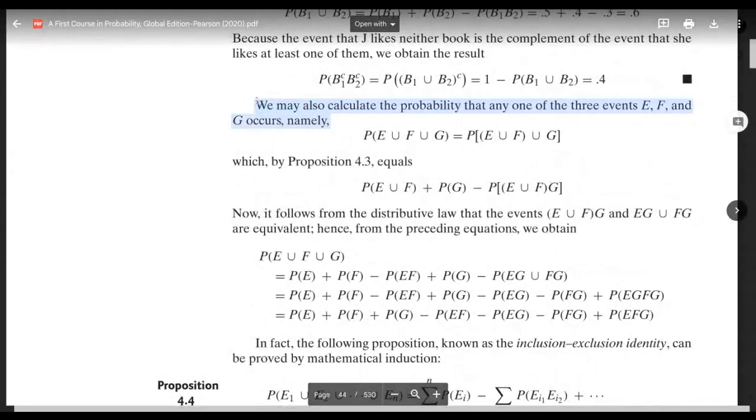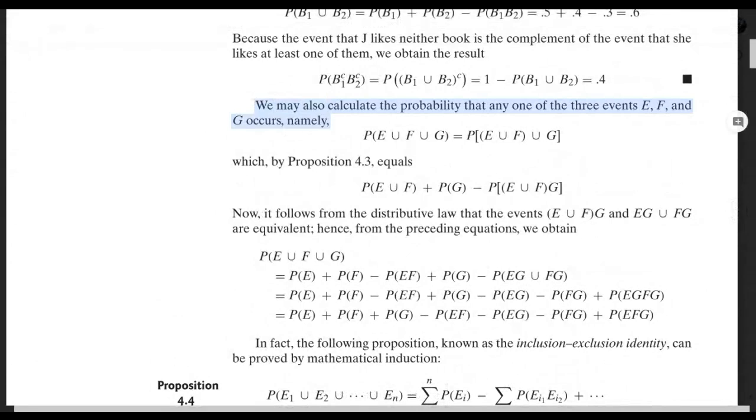So this is saying we may also calculate the probability that any one of the 3 events E, F, and G occurs. So if we want to find the probability of the union of 3 events, we could do E union F, then union G. Basically we could union any 2, treat it as one event, right?